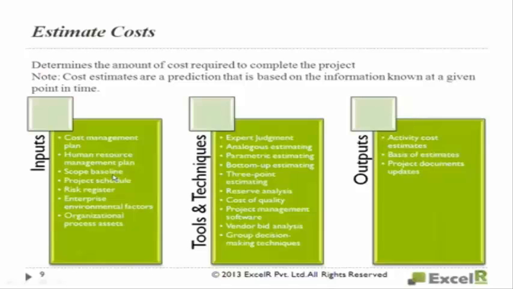If there are constraints, normally you have to spend more cost. Suppose there is a scarcity of skilled resources. You may end up spending more cost to get those resources which are scarce. Okay. So project scope baseline will help you that way.